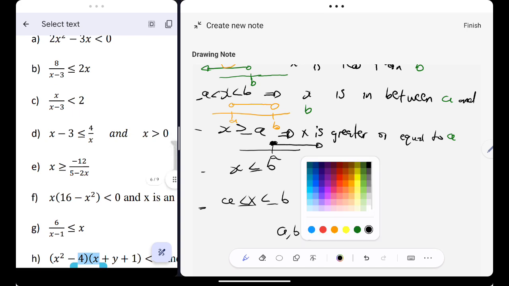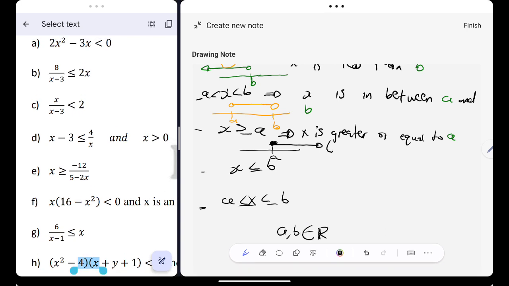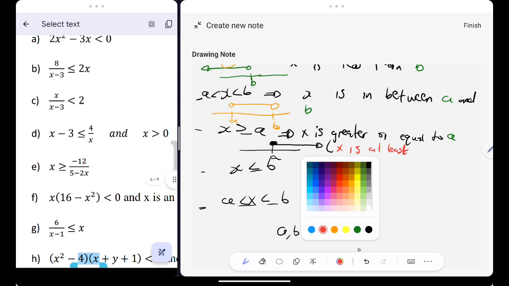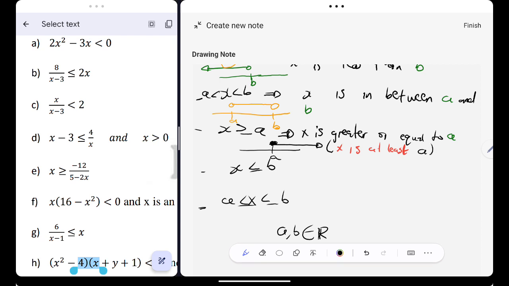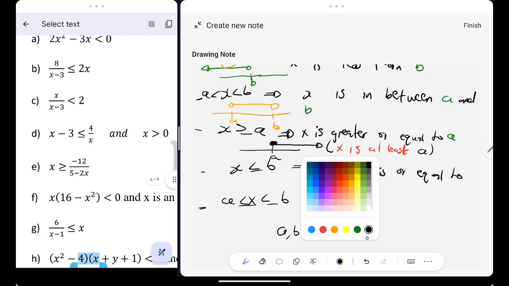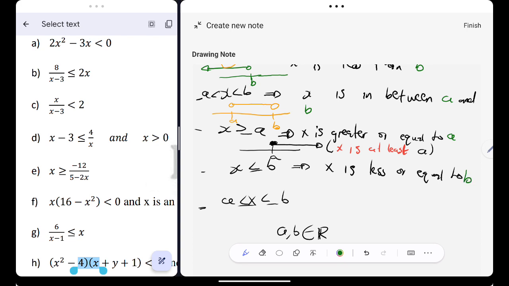Are you together? And this statement can also be read as, let me write in red, x is at least A. And then for this one, we just read it as x is less or equal to B. Are you together?